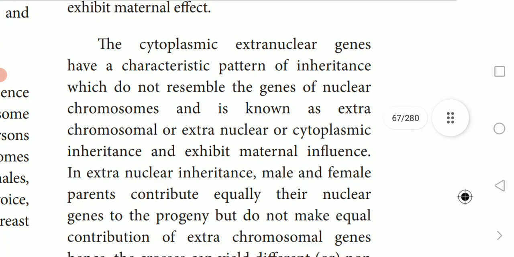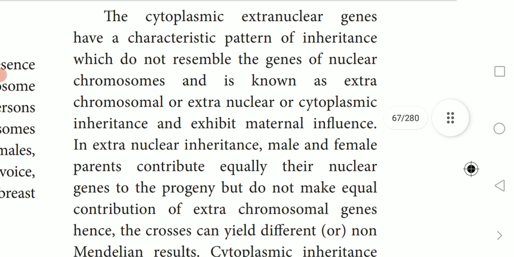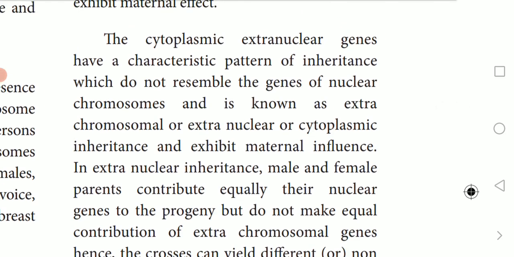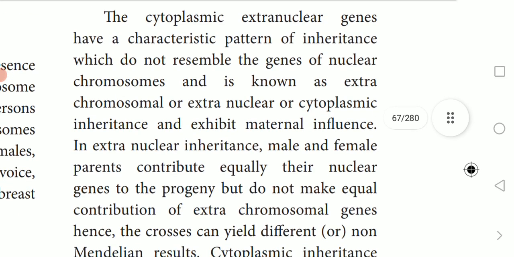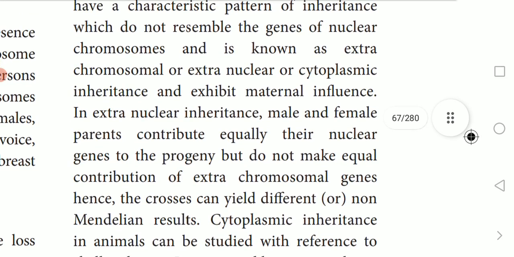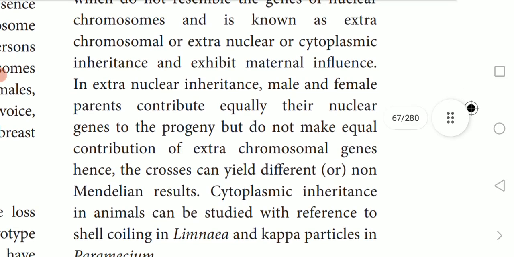The cytoplasmic extranuclear genes have characteristic patterns of inheritance which do not resemble the genes of nuclear chromosomes, and is known as extrachromosomal, extranuclear or cytoplasmic inheritance, and exhibits maternal influence.